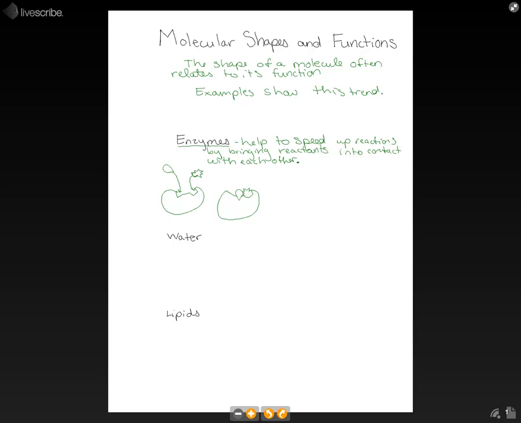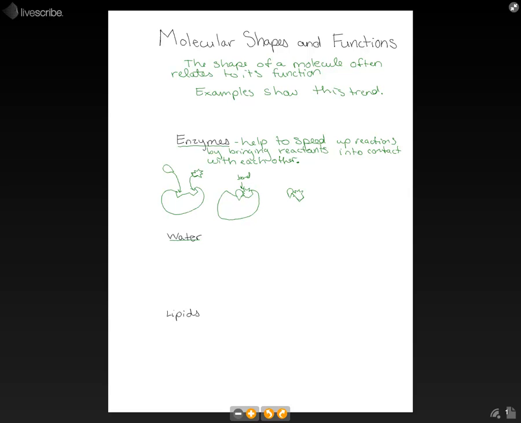So the enzyme brings them together, and then they can bond where they touch, and the enzyme can release them then, so that you have your kind of final product. And then the enzyme can be reused.